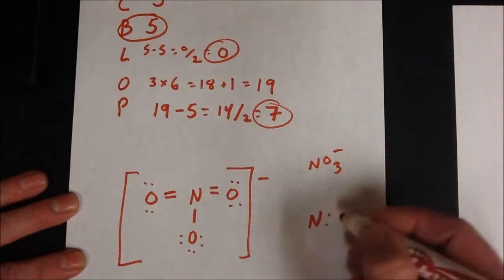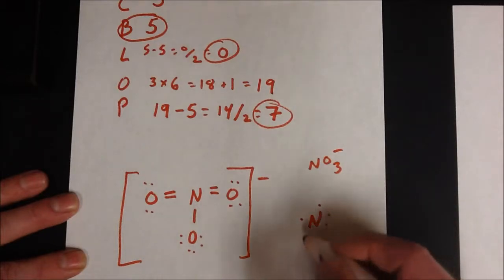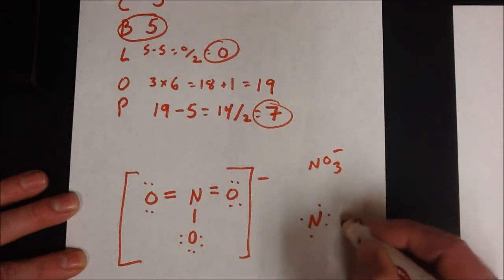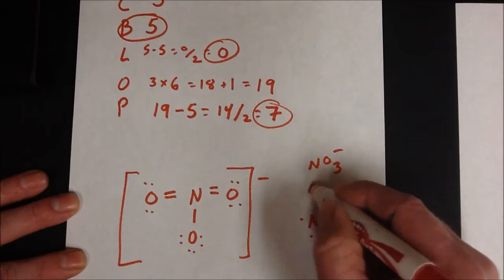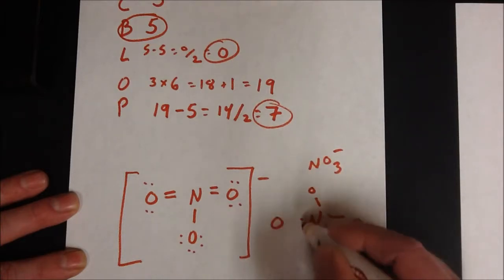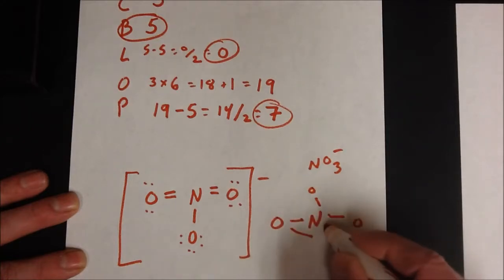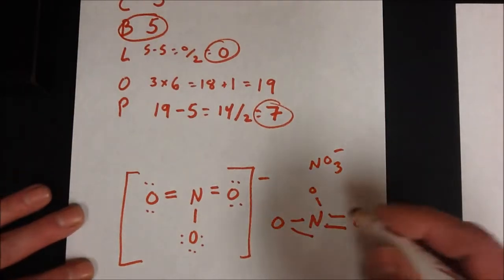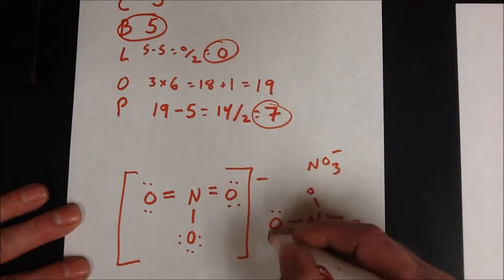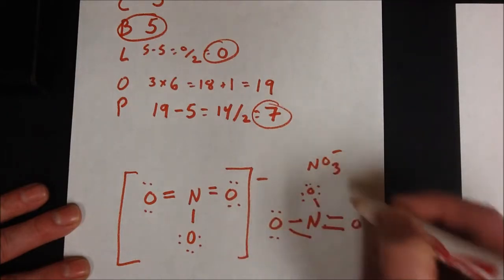Nitrogen only has 5 valence electrons, so I'm going to start bonding on these oxygens, 1 and 1 and 1. We've got 2 more here, so that means there's going to be a double bond and a double bond. And then again, we're going to go back and finish out the external oxygens.